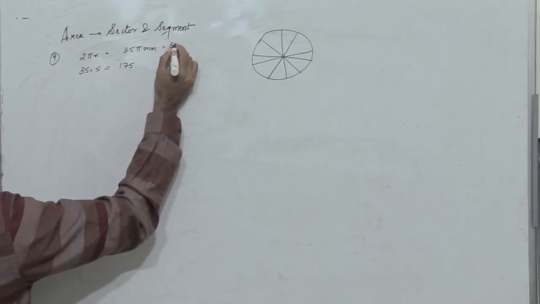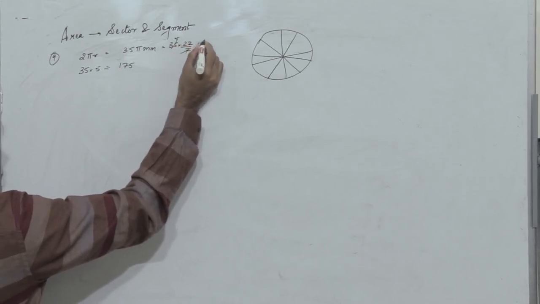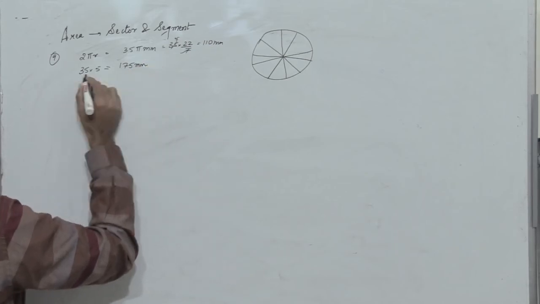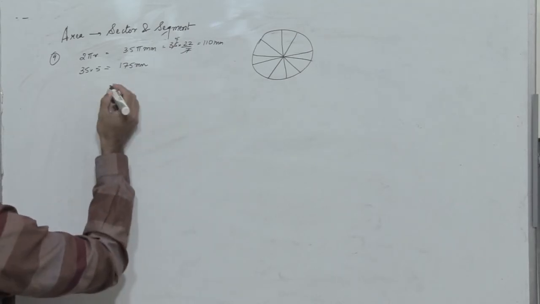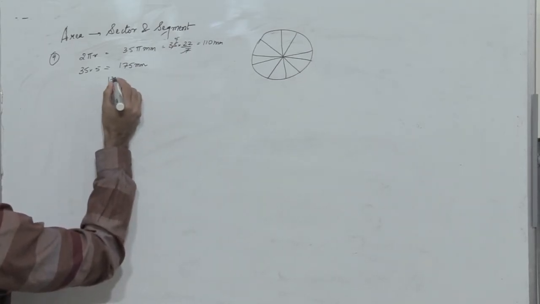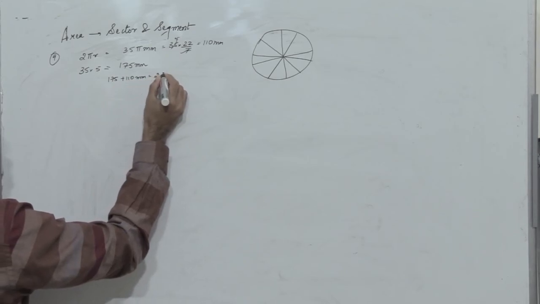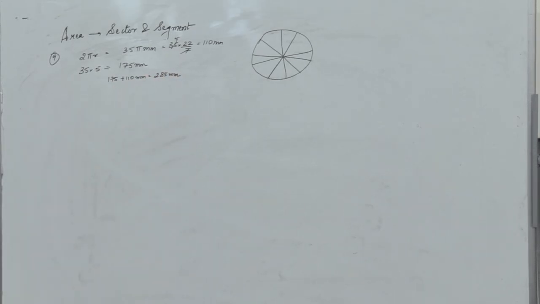And the length of silver required to form these 5 diameters is 175 millimeter. So the total length is 175 plus 110 millimeter, which is 285 millimeters. So the total length of silver wire required is 285 millimeters.